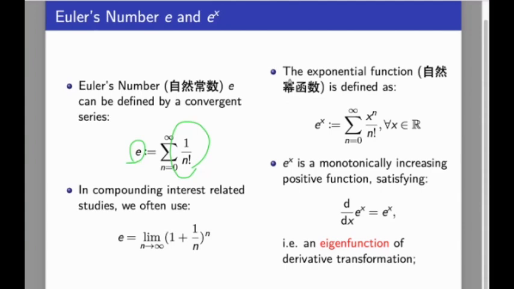And the exponential function is defined as e to x equals the infinite sum of x to the n over n factorial.